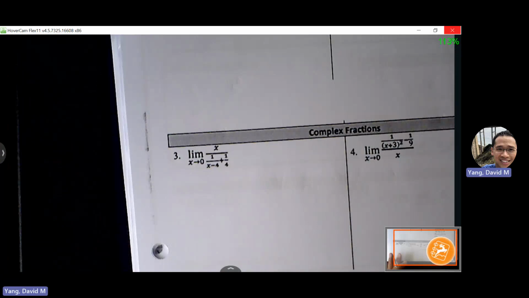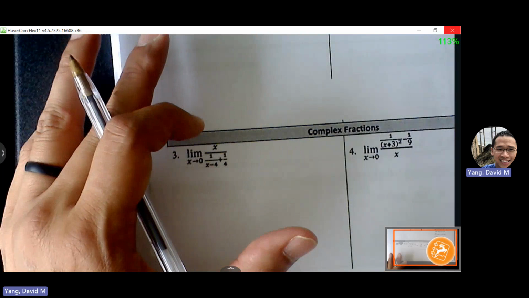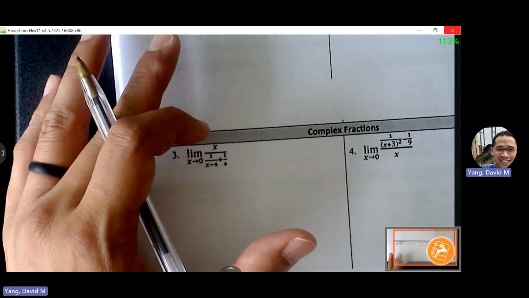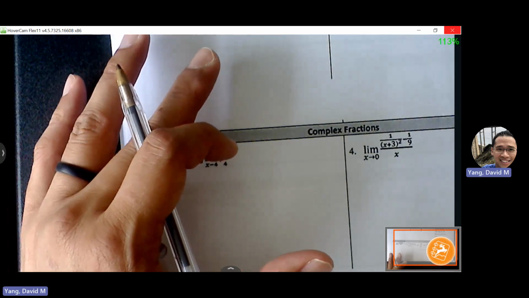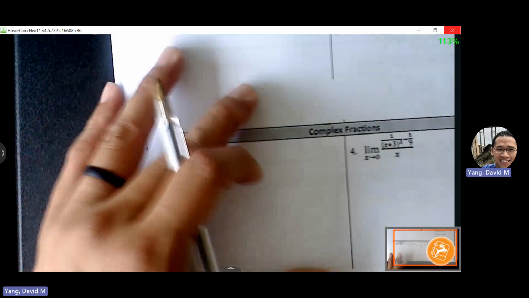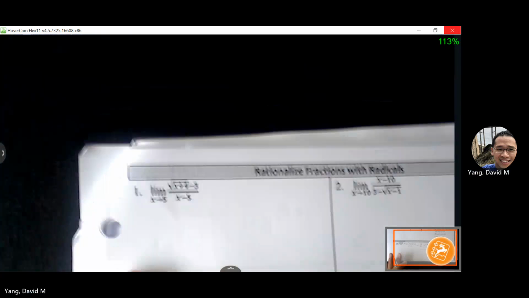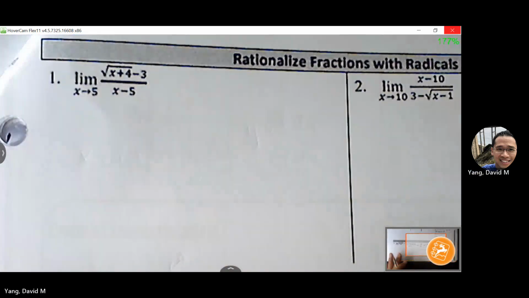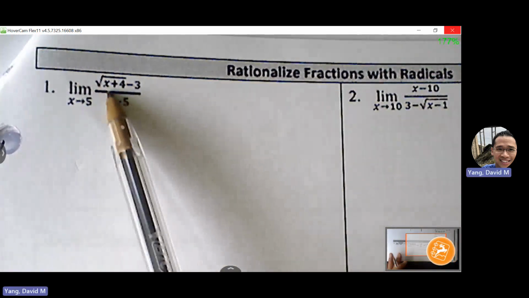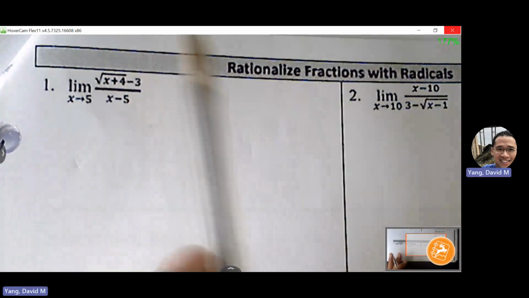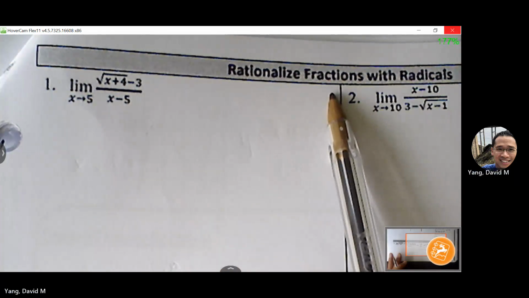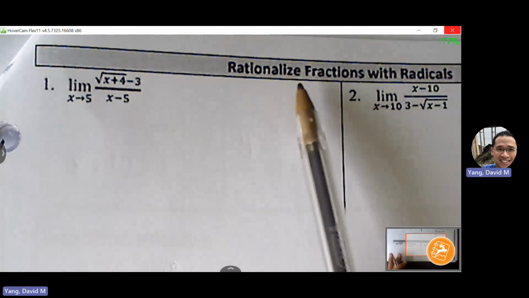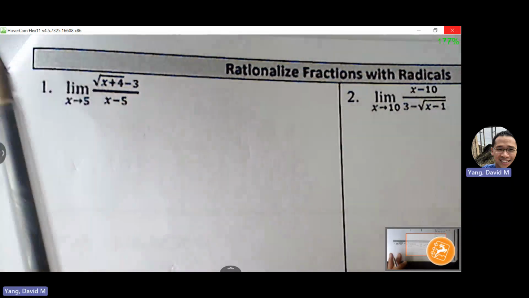Okay, so now I want to talk about problems that have very specific methods other than factoring that allows us to reduce and get down to a limit when there's a hole in the graph. So whenever there's a radical in the numerator or denominator, sometimes we go through this method called rationalizing to allow us to arrive at the limit algebraically.